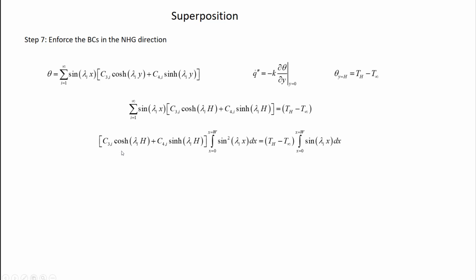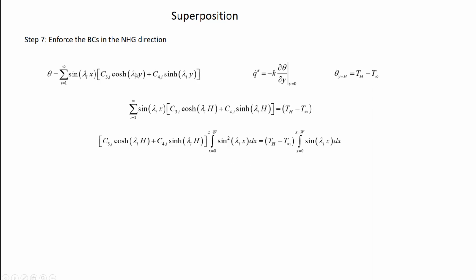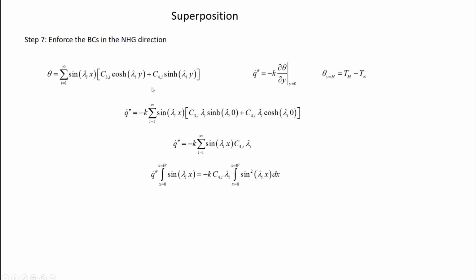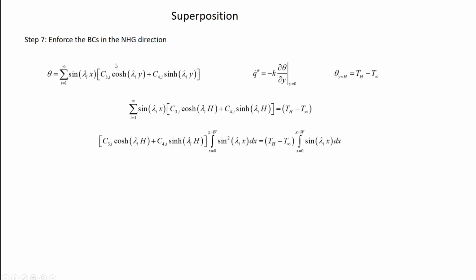So this gives me, at this point, everything I need to implement my solution. Right? Here's my solution. I know all of my C3s from this equation. I know all of my C4s from this equation, right? And I know all my eigenvalues by finding the repeated roots of this equation. And that's it. Right? I can implement this and look at it and do whatever I want with it.